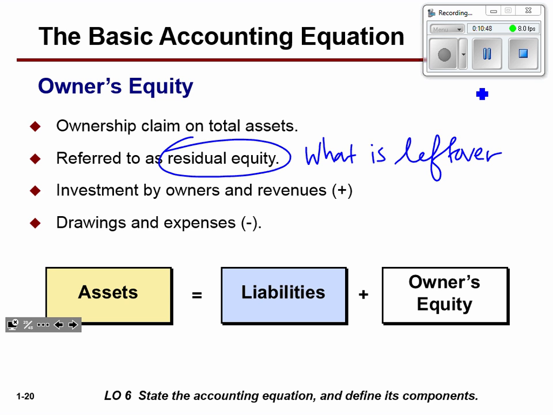No. There are a few more players here. There's two things that make owner's equity go up, and there's two things that make owner's equity go down, and we're going to talk about them, and that presents what's called the expanded accounting equation. We'll get into that in a minute.